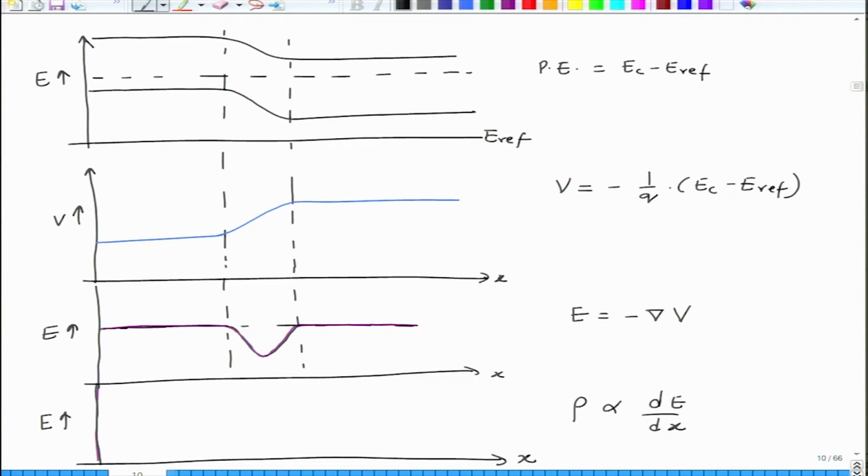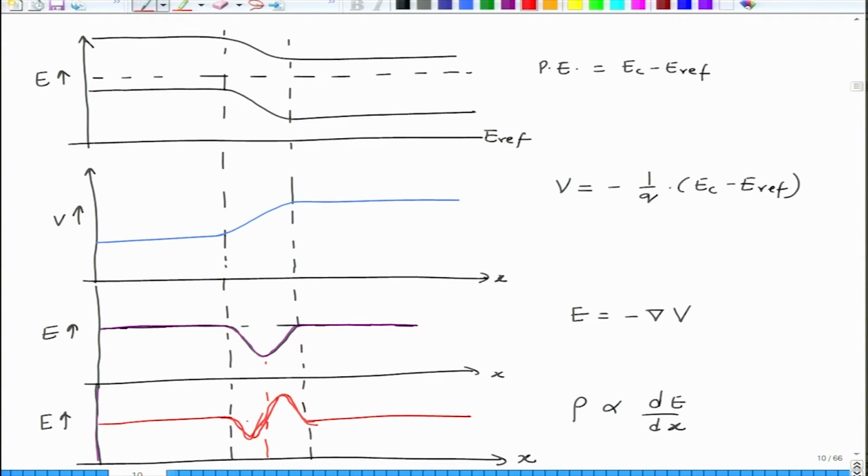If you now plot the charge density, it will be essentially something like that.